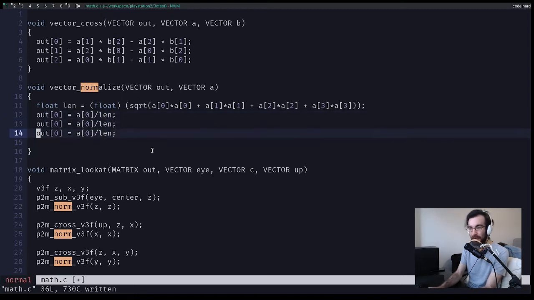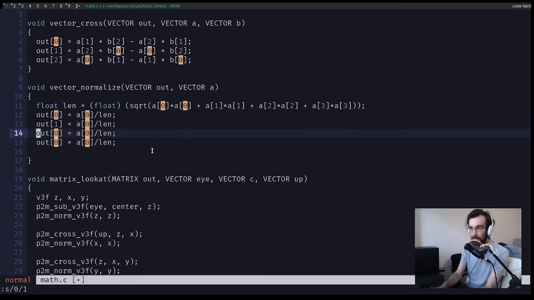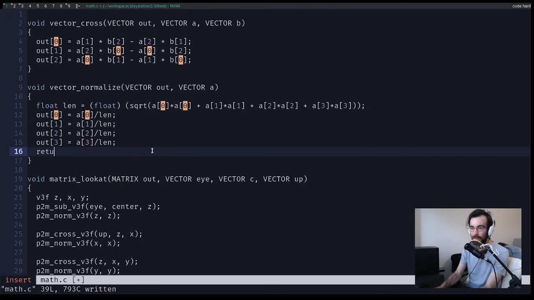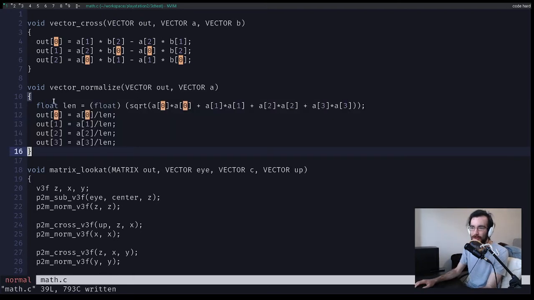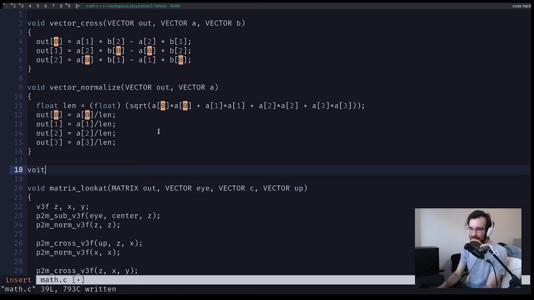This is fine. And then out 1, out 2. Cool. Then we don't have to return. So normalize our vector. And then we also, I guess we'll write out a subtract function.